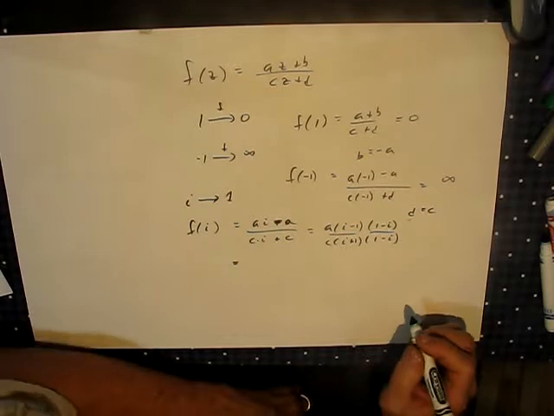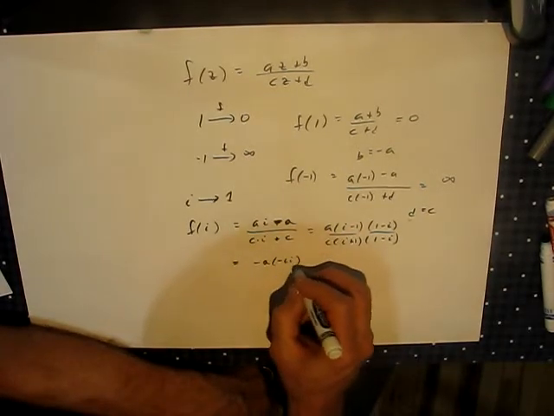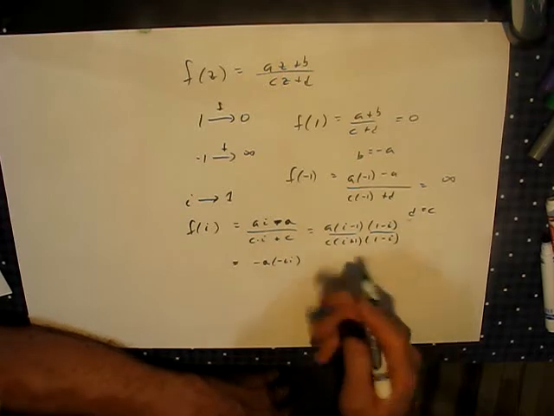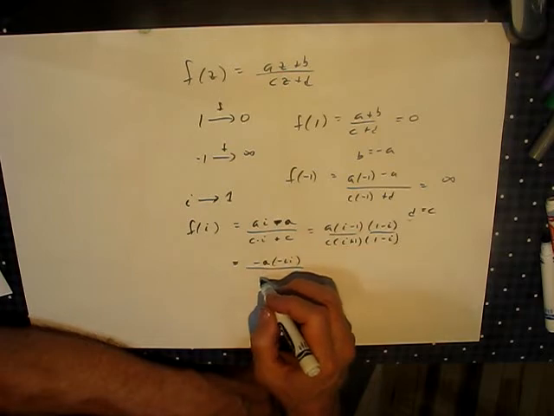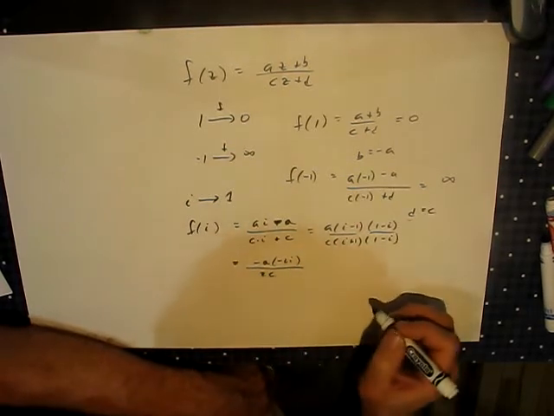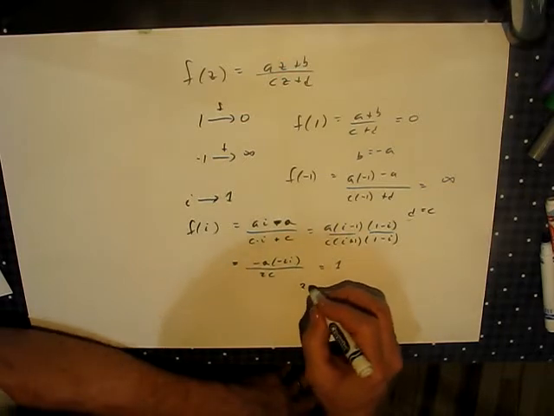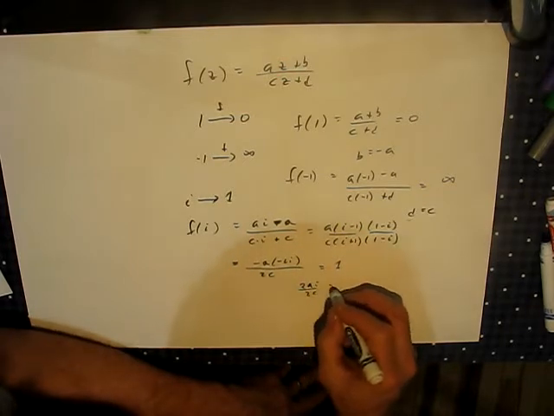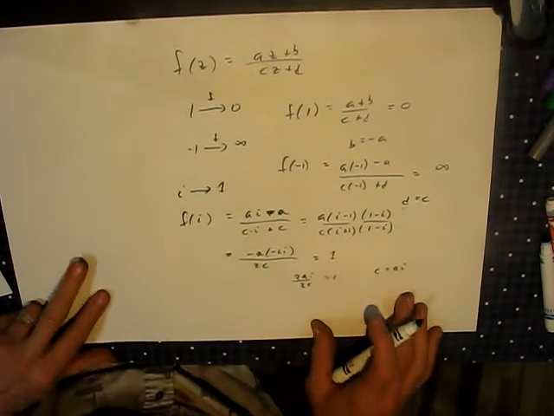And when we do that, we're going to get a minus a and minus 2i when we multiply it out and cancel the 1s. And then the bottom is going to be 2c. And so this we want equal to 1, so we have 2ai over 2c equals 1, which is c equals ai.